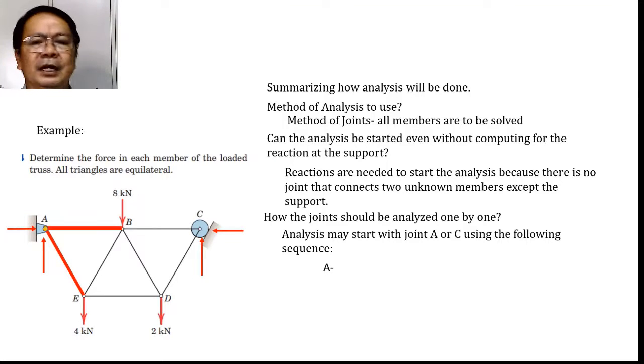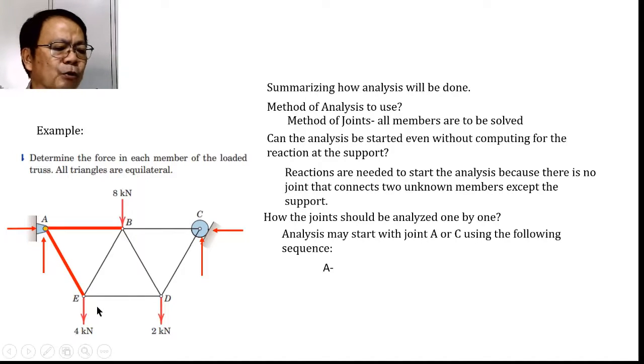Ang ibig sabihin simple lang ang joint, kaunti lamang yung forces na nag-a-act doon sa joint. At mapapansin natin kung dito sa joint E tayo, meron tayong 1, 2, 3, 4. Diba? Samantalang dito sa C, 1, 2, 3, 4 din.